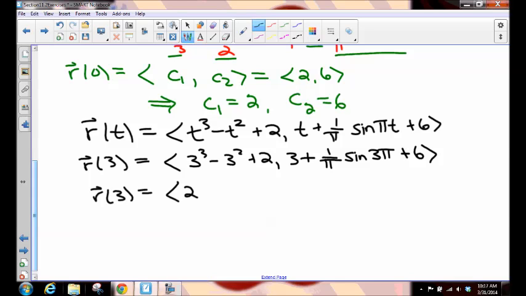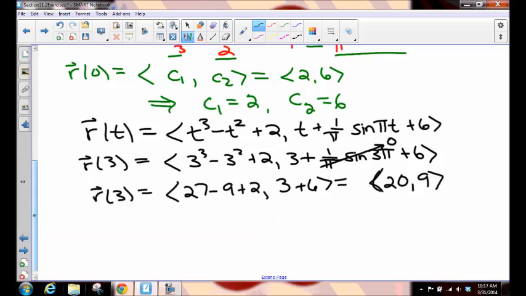I'm going to have 27 minus 9 plus 2 for the x component. For the y component, I'm going to have 3, and this whole thing is going to go to 0 because the sine of any integer multiple of pi is 0, plus 6. We end up with 20 comma 9 as our position when t is equal to 3.